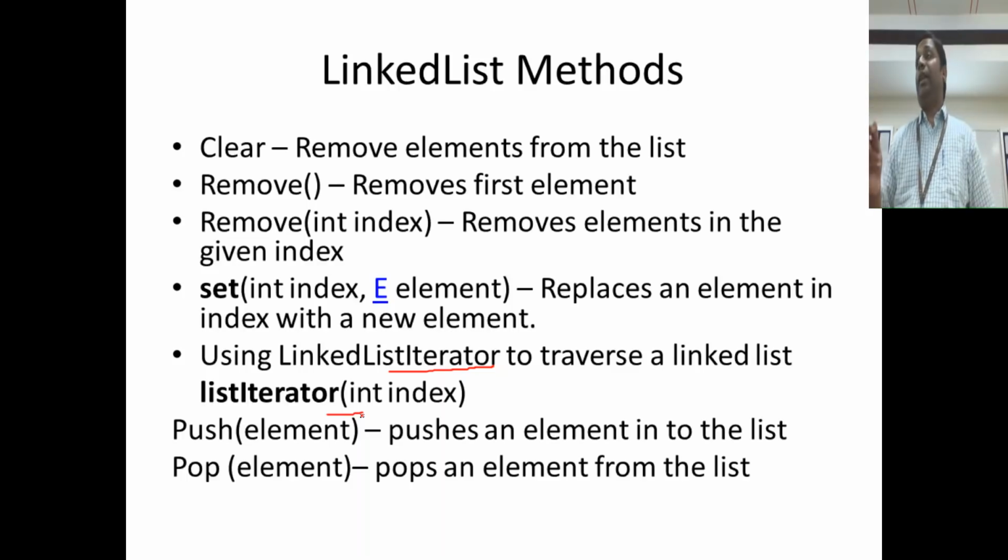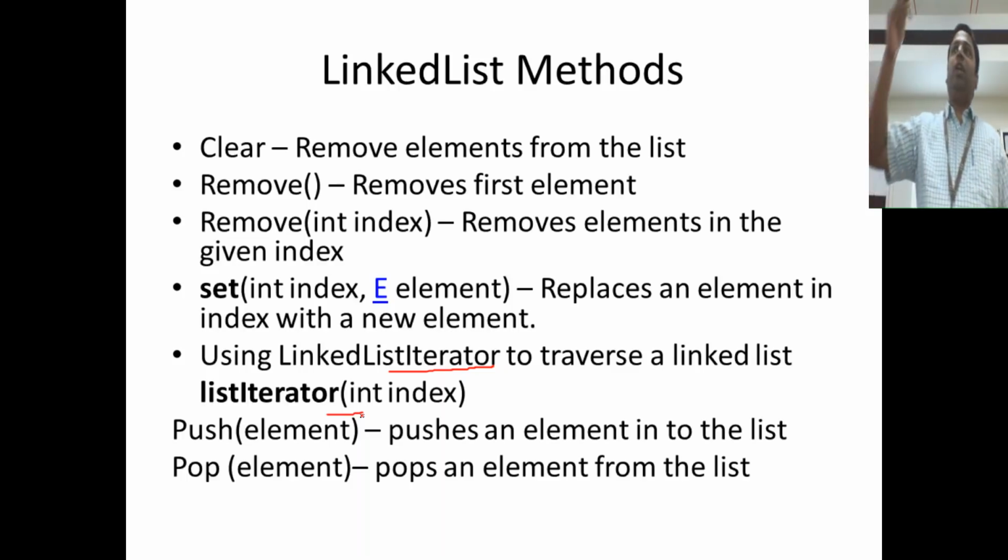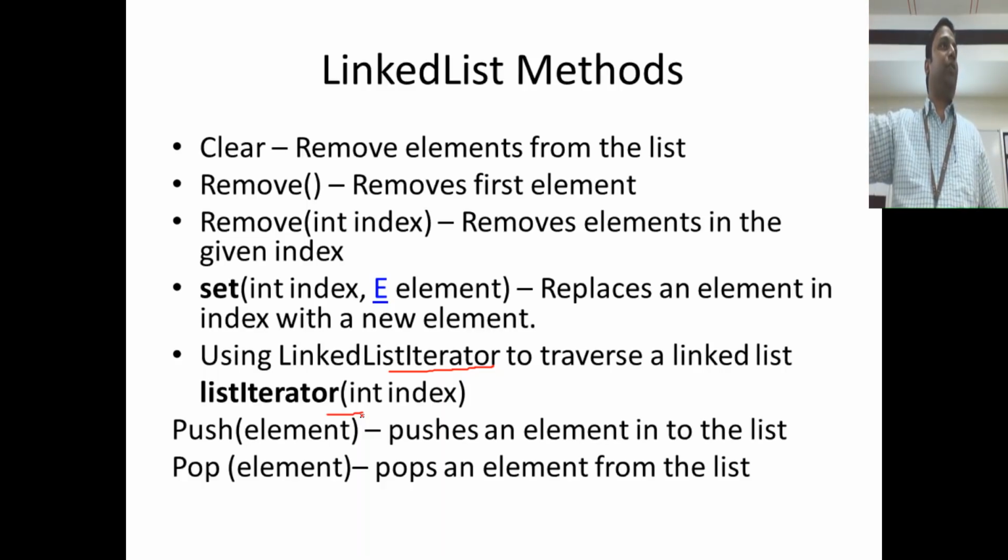This linked list also inherits not only from the list, it also inherits from the queue interface in your collections framework, so that you can implement a double-ended queue using the concept of linked list. But for CAT2, we'll not focus on the queue concepts. We'll only focus on stack and how to create a linked list.